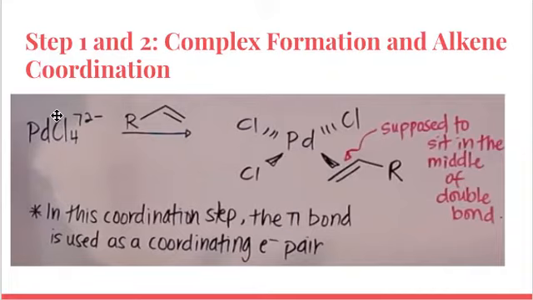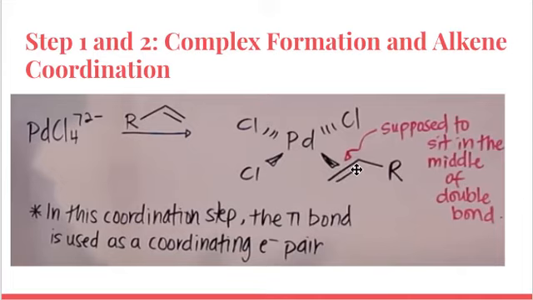And then alkene coordination is a process of sharing electrons with the metal ion, in this case palladium. So the pi electrons on the terminal alkene are used to basically connect to the palladium through the sharing of electrons.